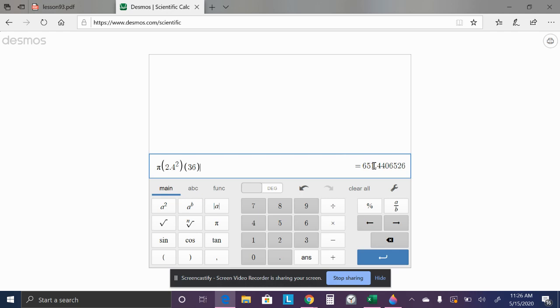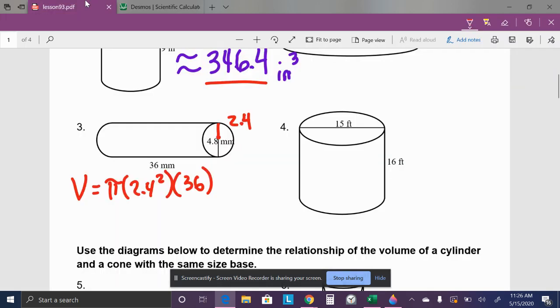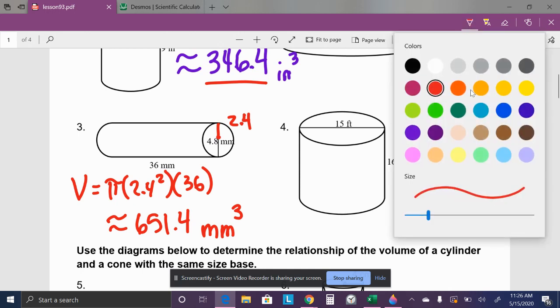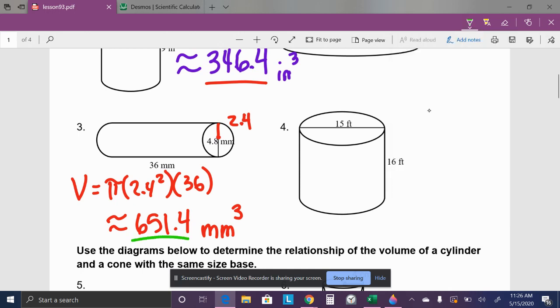And you get 651.4 when I round that. Millimeters cubed. But just type this number in GoFormative. So that's how you would find the volume of a cylinder.